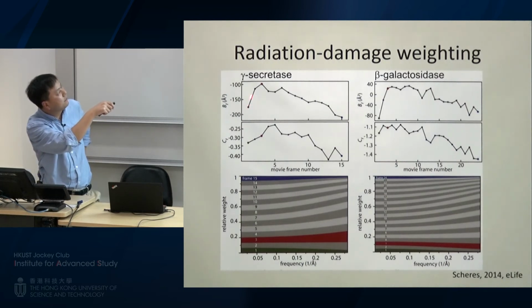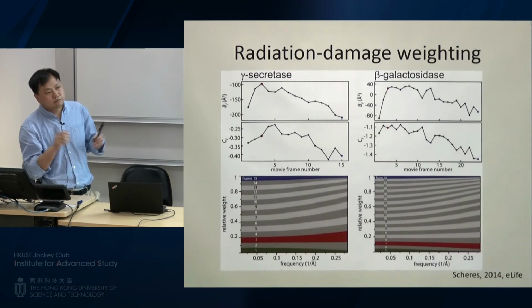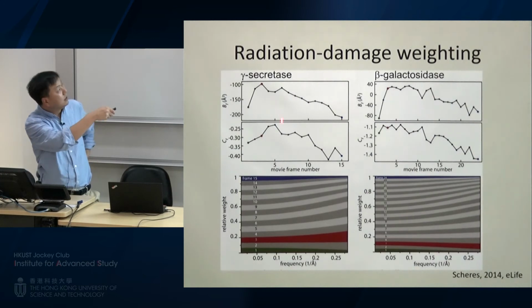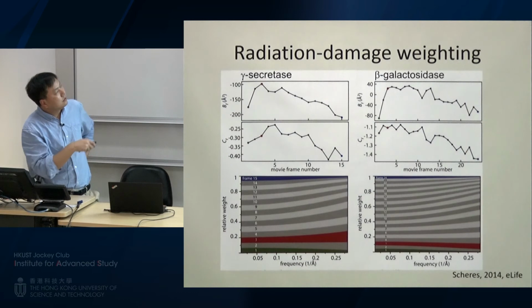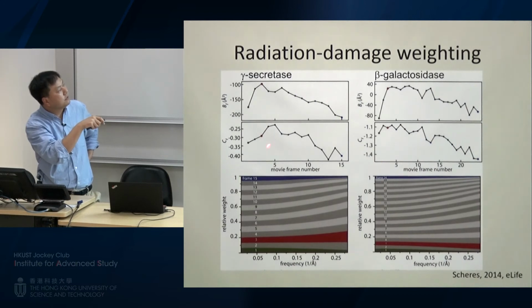You will see that at the first several frames, the B factor is very large. That means when the electrons first hit the sample, it will induce very intensive movement. Then after a few frames, it will remain relatively constant. Then it will become larger again. So we can analyze the particle movement between different frames, and then use this data to make an averaged particle from different frames, but we will introduce another weighting function.